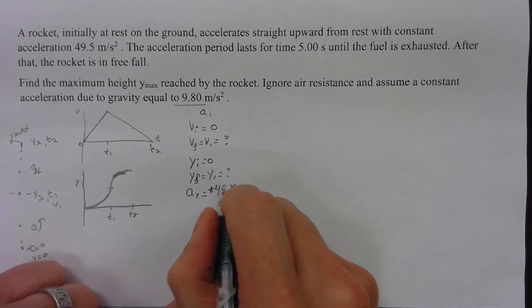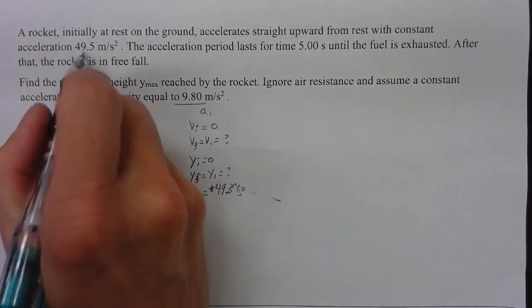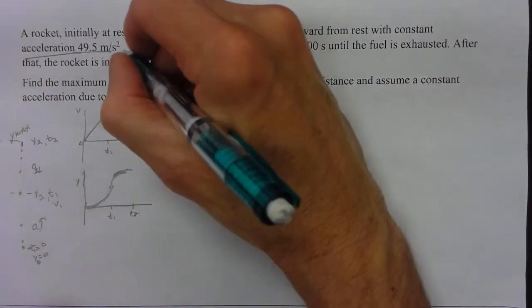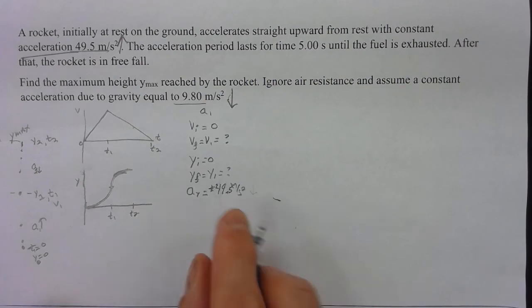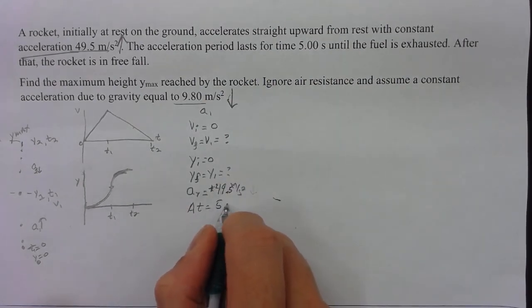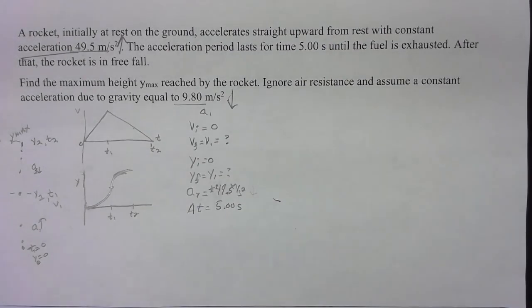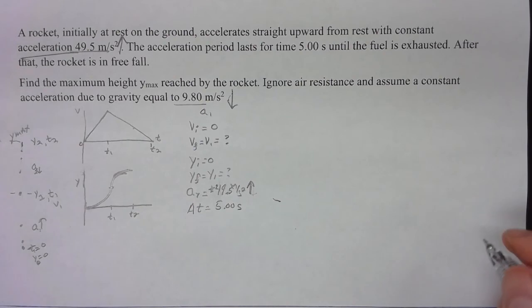Luckily I caught myself. 49.5 meters per second squared. That's here, and that is an up. This one is a down. And the change in time over which that happens is 5 seconds. So this is an upward acceleration at first.